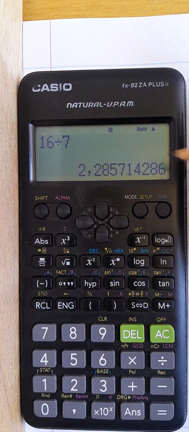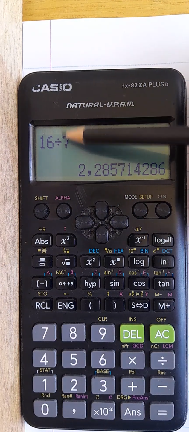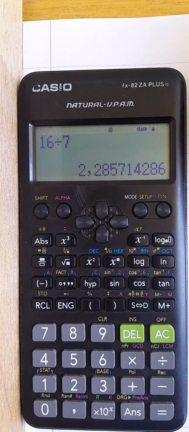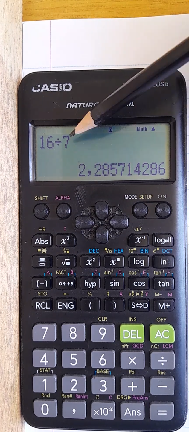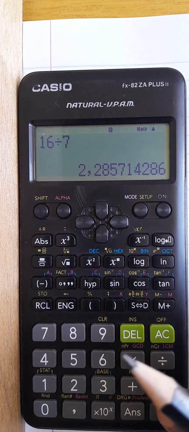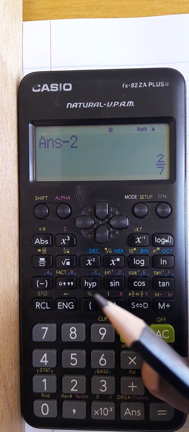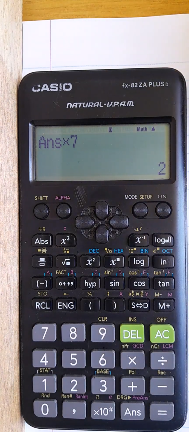So you'll be getting your decimal. Then you must subtract 2 and multiply back by that 7 to find your remainder. Let me repeat. You subtract the whole number, you multiply back by that 7 to get your remainder. Let me show you. Minus 2 multiplied by 7. And then you're getting your remainder, which is 2.